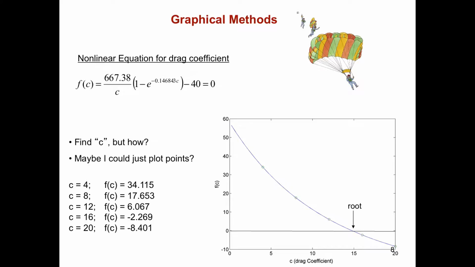The alternative would be, of course, a negative value here and a positive on the other end. Either way, mathematically, if this is my xl, the lower root, and this is xu, f of xl times f of xu is less than 0. That means that they have opposing signs.